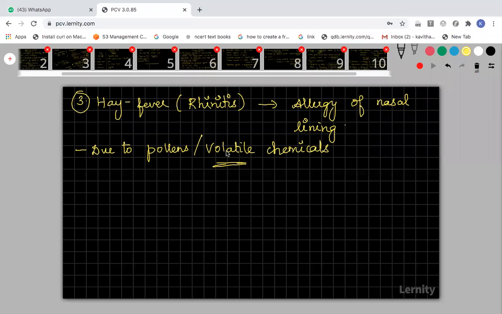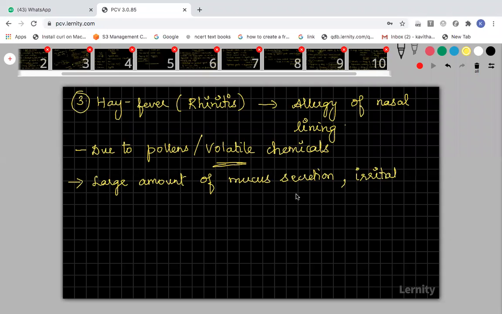So what type of symptoms will appear in this hay fever? A large amount of mucus will be secreted. Excess mucus secretion will be there if they are allergic to these things, and this causes irritation in the nose.